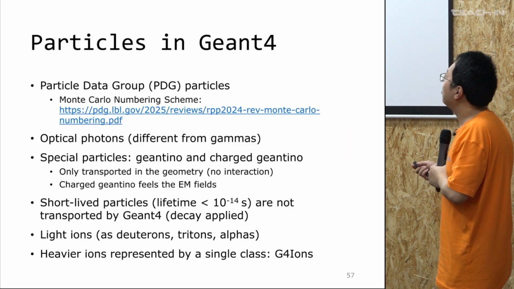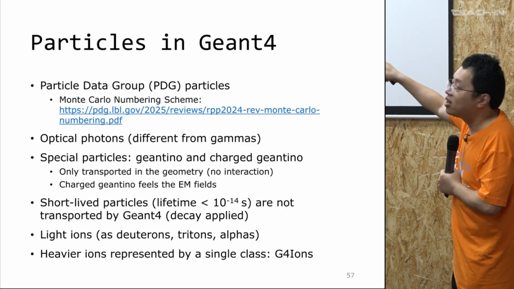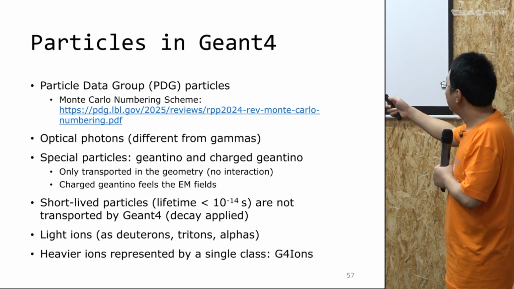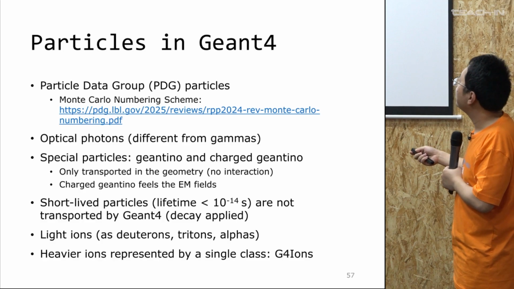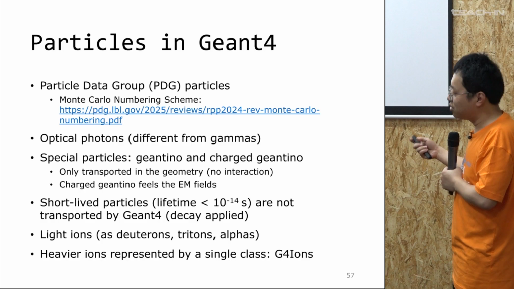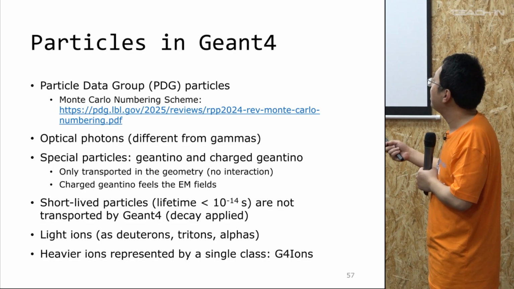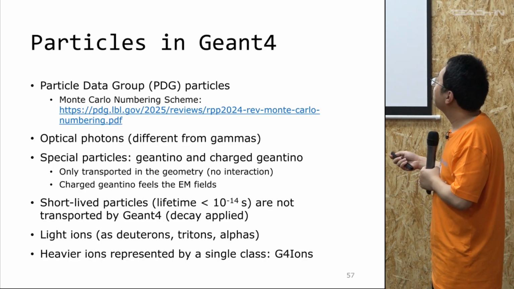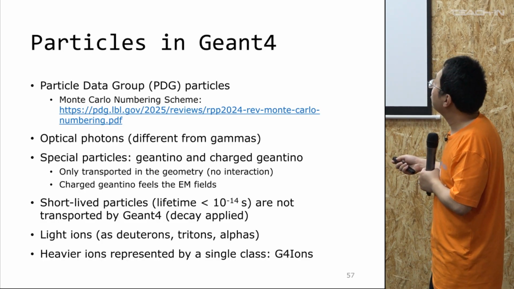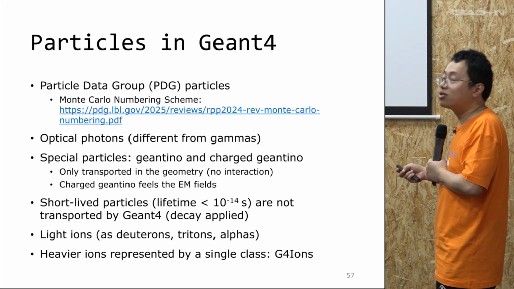Geant4 follows the rules from the Particle Data Group, the so-called PDG. It also follows the Monte Carlo numbering scheme here. For example, you use 22 to represent gamma. In addition to these PDG particles, Geant4 also defines its own particles.